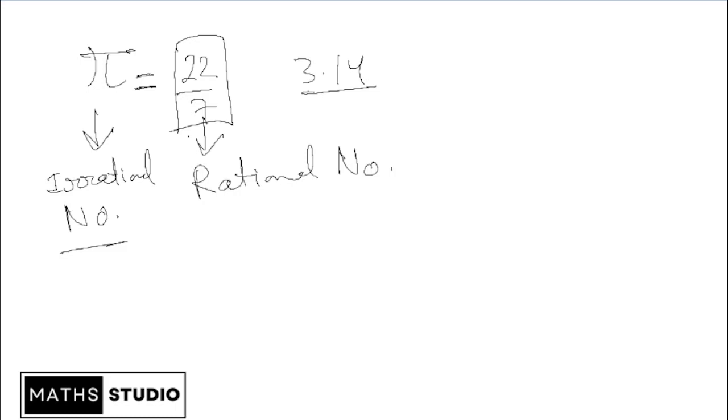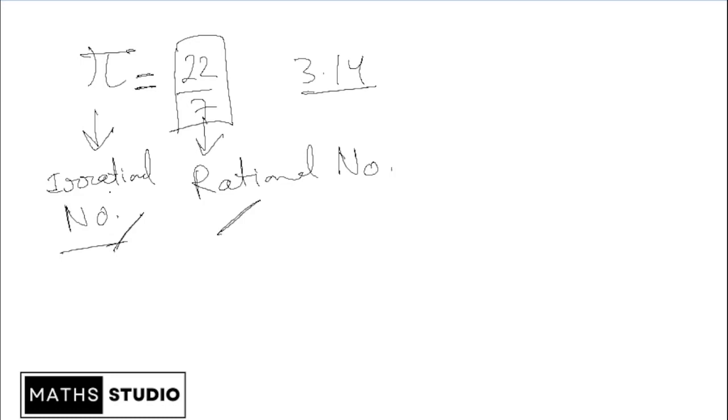So one of my statements is wrong. Either pi cannot be an irrational number, or 22 by 7 cannot be a rational number, or pi cannot be equal to 22 by 7. We know for a fact 22 by 7 is a rational number. We also know pi is an irrational number. That means the first two statements cannot be proved wrong. The third one was pi is equal to 22 by 7.